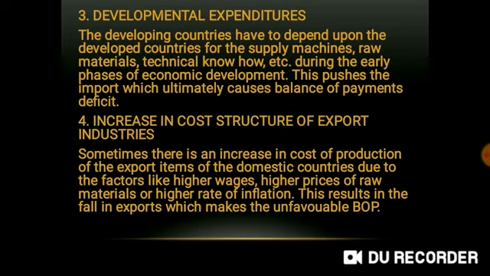Now comes the third cause, that is the development expenditure. As we all know, the developing countries during the early phases of economic development depend upon the developed countries for different things, for the supply of machines, raw materials, technical know-how, etc. So they tend to demand more of foreign goods, or we can simply say that the imports of the domestic country in the early phases of economic development will normally be very high.